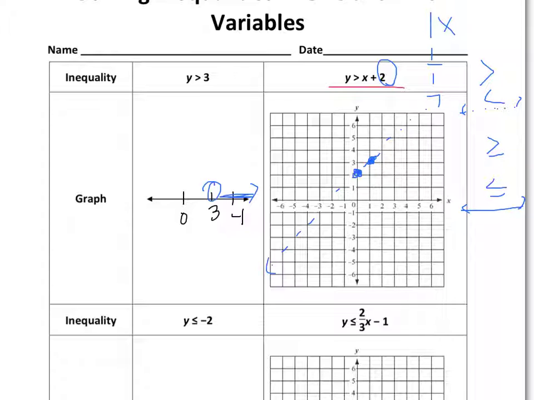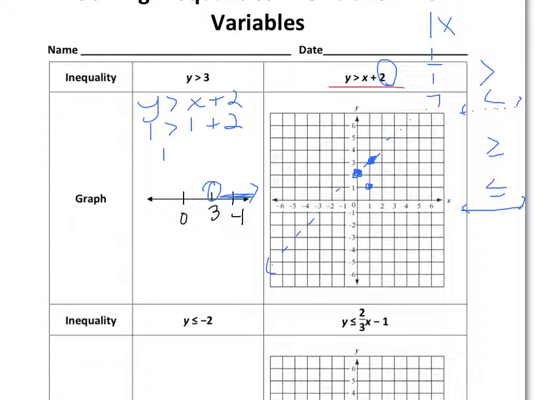Okay, so now I need to choose what side I'm filling in. So which side does represent greater than? So here I'm going to choose a point. Right here I'm just going to choose the point of 1, 1. Okay, so I'm going to fill that into my equation over here. So this equation right here, I'm going to fill in with the points of 1, 1.